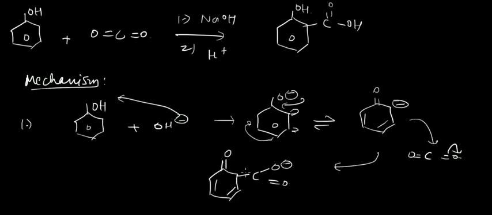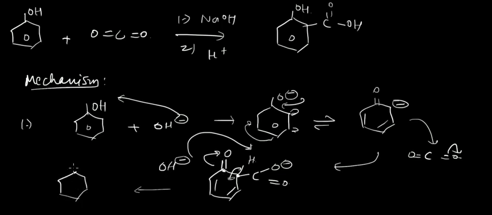Next what will happen is, obviously we also had a hydrogen atom here which is acidic, and we are in basic medium. So this OH minus will attack on this hydrogen atom. As a result, it would form a pi or double bond between this carbon atom and this carbon atom, and O minus will again be restored. Okay, so we'll have something like this.